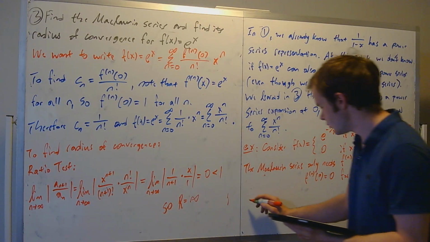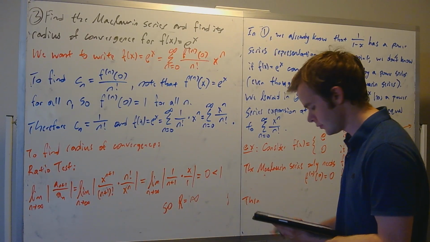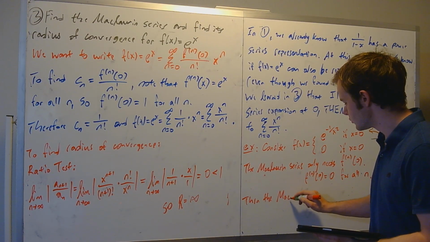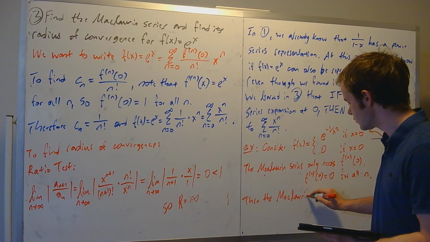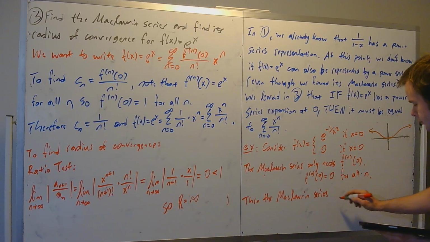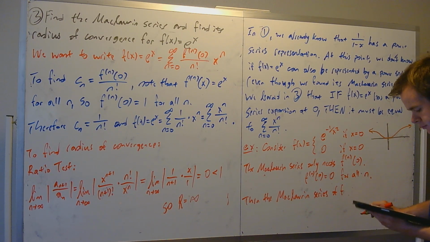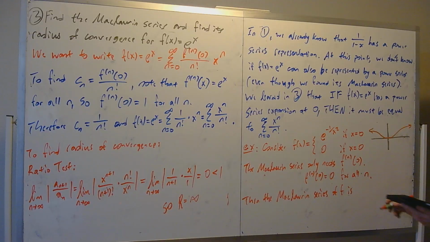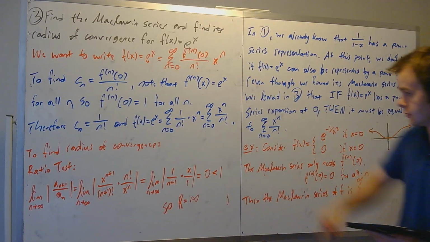And what we can say here is then the Maclaurin series of f is, so we just plug this into the Maclaurin series, and we're going to get the sum from n equals 0 to infinity. We'll use this formula.